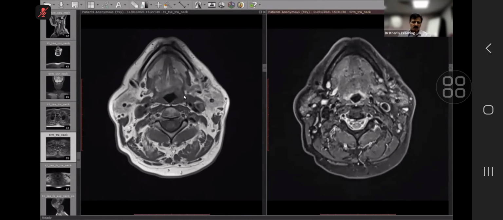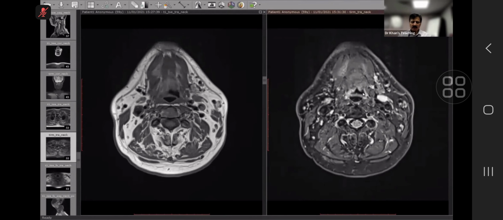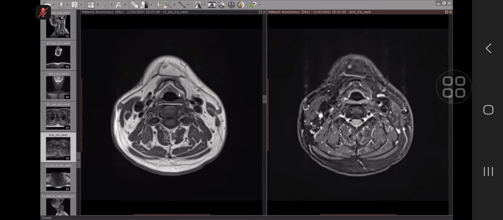And now we are going, this is the tongue base. And you can see on the STIR sequence that there is high signal, which is the lingual tonsil. Actually, we can see the epiglottis, and we can see, what is this structure? Glossoepiglottic fold. And what is this black and this black structure? Valleculae, sir. Excellent.